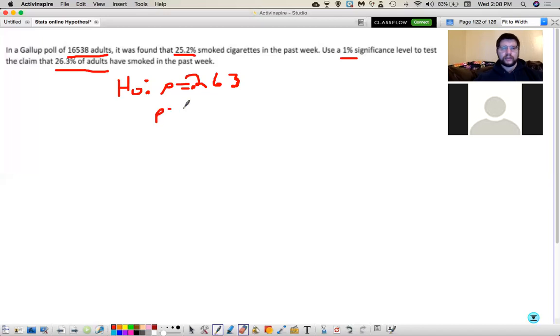And that would make our alternative not equal to, which means we finally have a two-tail test and not a left tail.